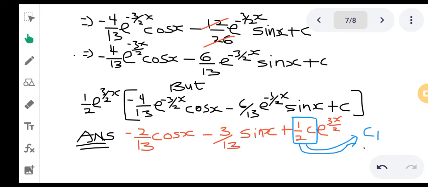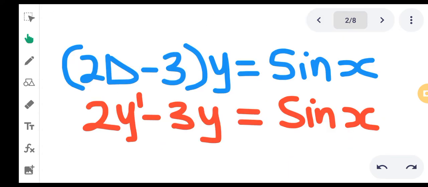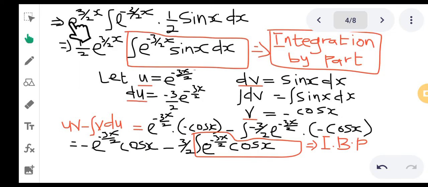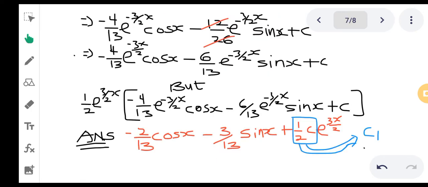But remember from the previous equation, we had half e exponent positive 3x over 2 multiplying the whole of the integration. Now the whole of this has been simplified to this, so we just multiply by the half e exponent 3x over 2.